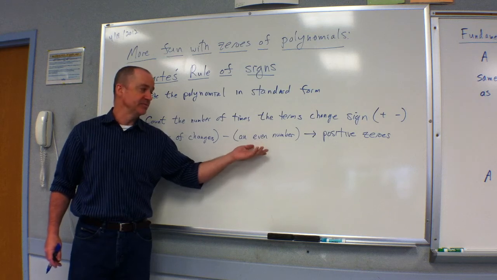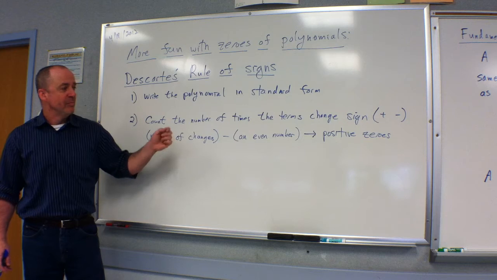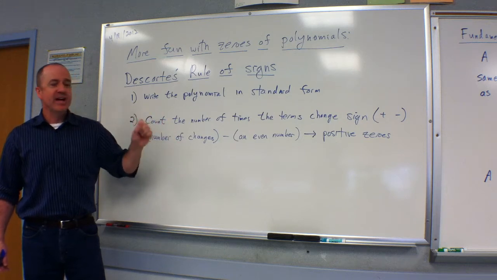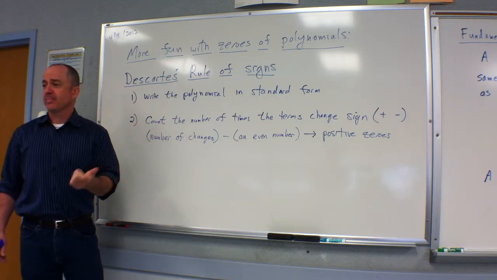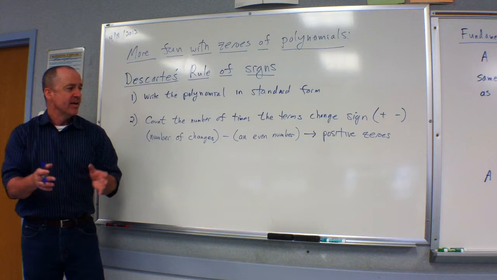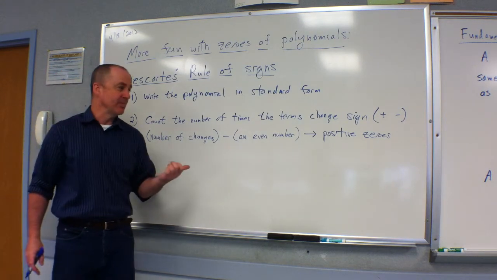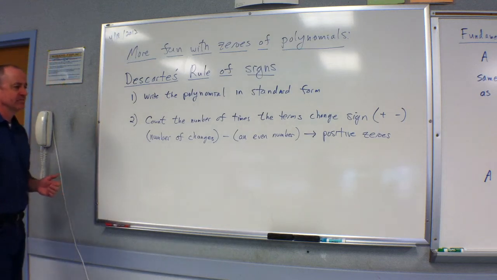You're counting something, so it's going to be a positive integer or 0. Okay? Whatever that number is, that number minus 2, that number minus 4, that number minus 6, however long it takes you to get down to 0 or 1, those are your possible choices. This will be clear after I do an example of it, but I want to get all the rules up first.